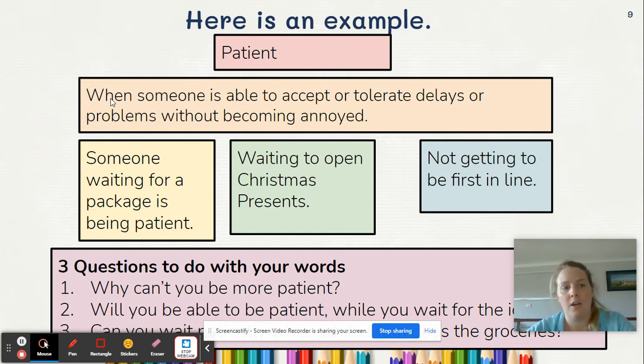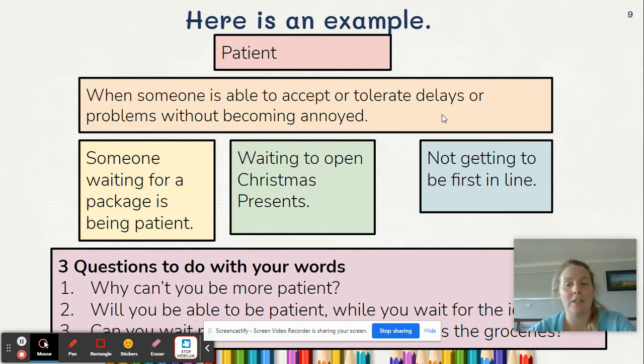So the meaning of that word is when someone is able to accept or tolerate delays or problems without becoming annoyed. Now, 3 examples of how I can use that in a sentence: someone waiting for a package is being patient. Waiting to open Christmas presents. Another example is not getting to be first in line.